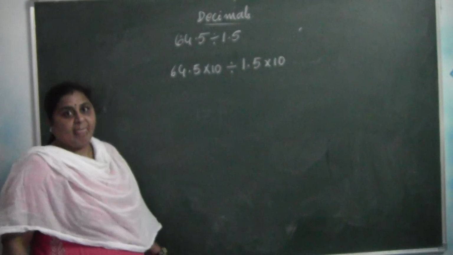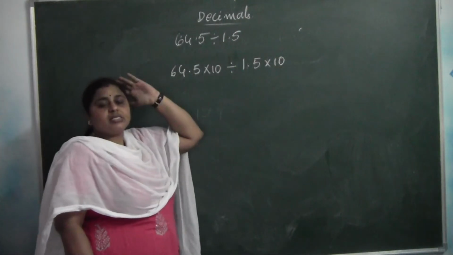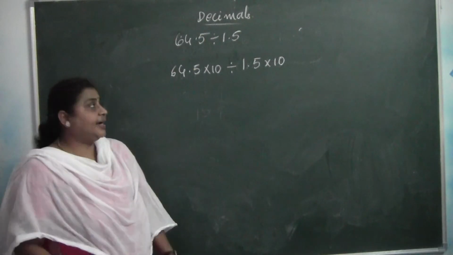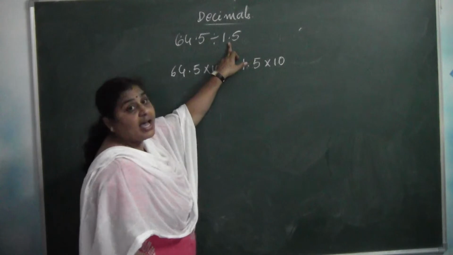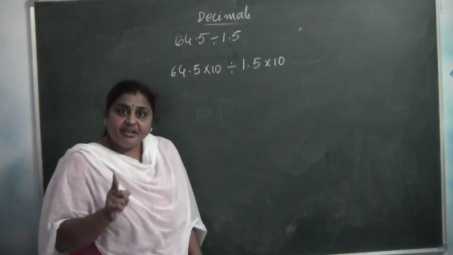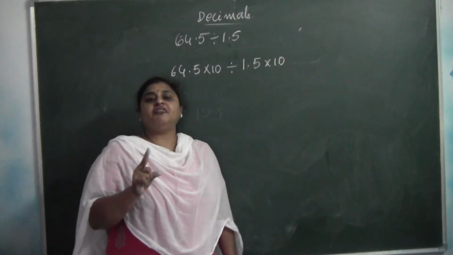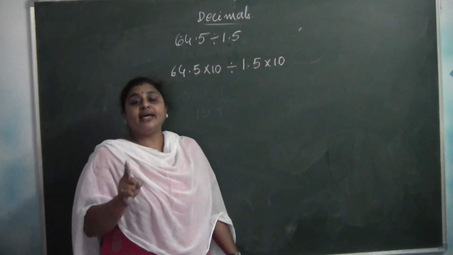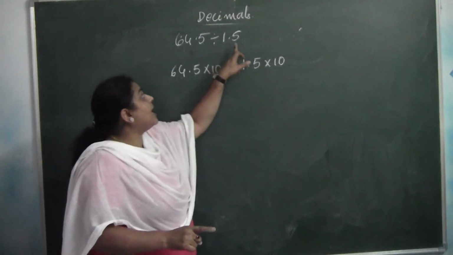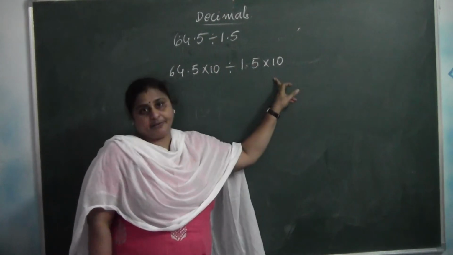What is children? Always observe the divisor but not the dividend. In the divisor we have after decimal how many digits? 1 digit. So if in the divisor after decimal we have 1 digit, then you are multiplying the dividend and the divisor with the 10.